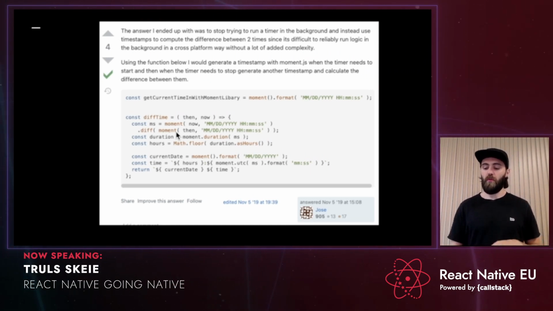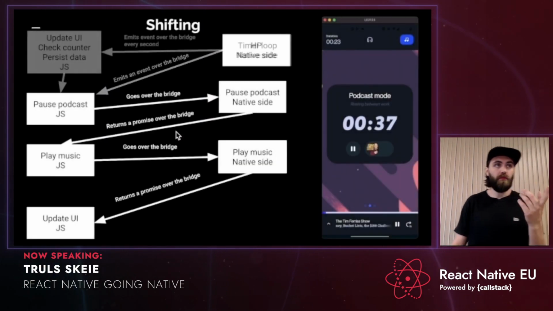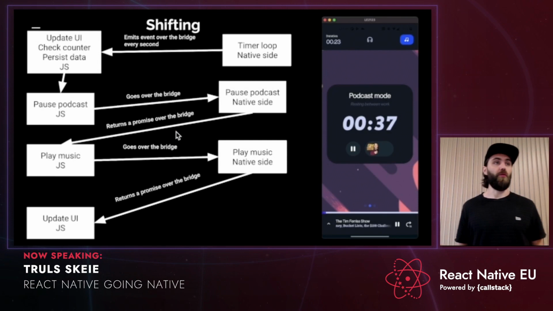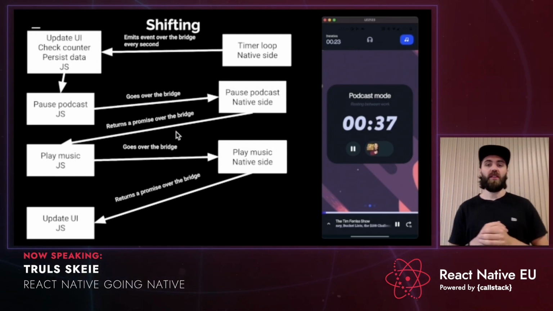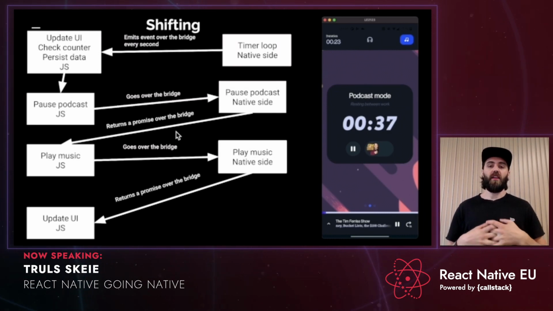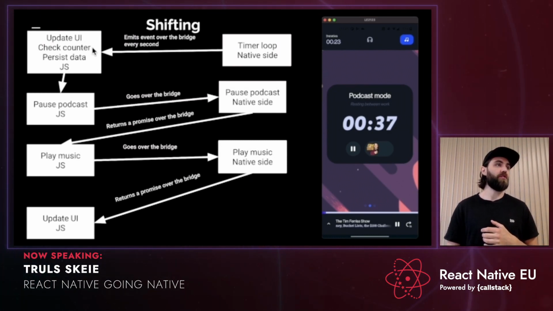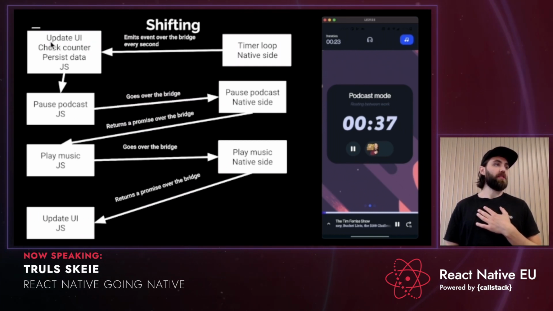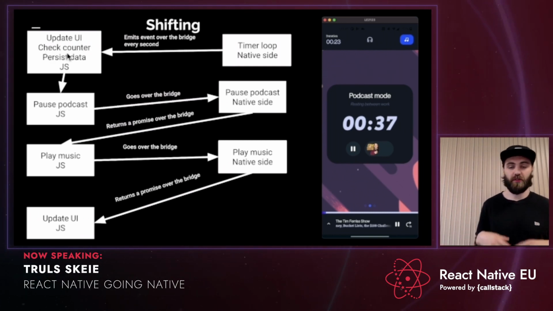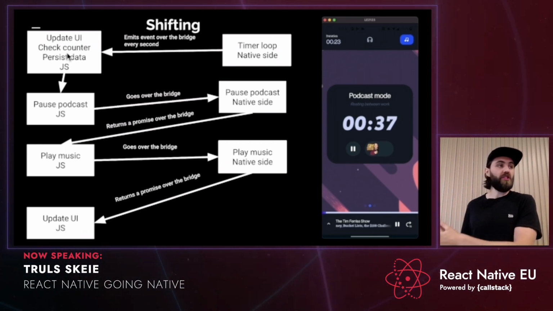But we have one more problem, and that's that we have this timer loop, because we need to actually check every second what is going on, and we also need to update the UI every second. So every second we are emitting an event over a bridge to the JavaScript side, and we update the JavaScript side and update the UI. It checks the counter. If the counter is 0, it will automatically switch.